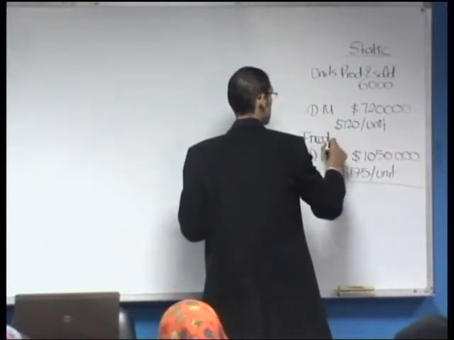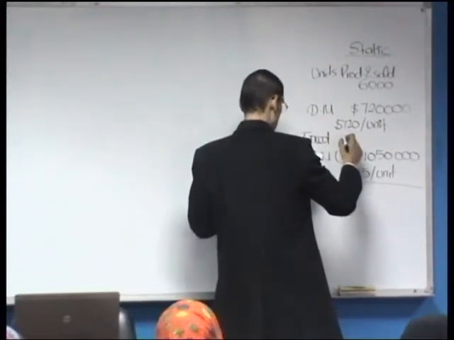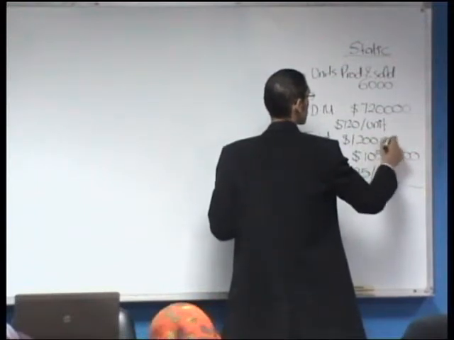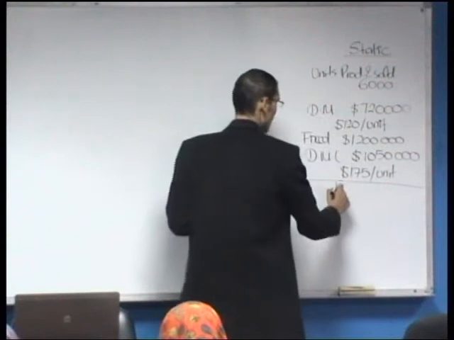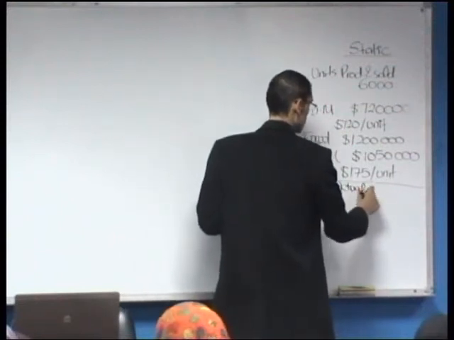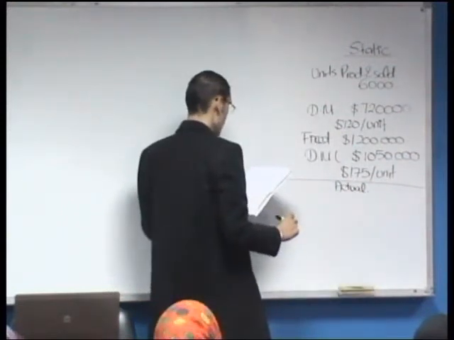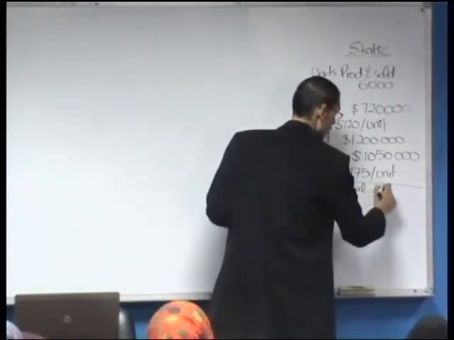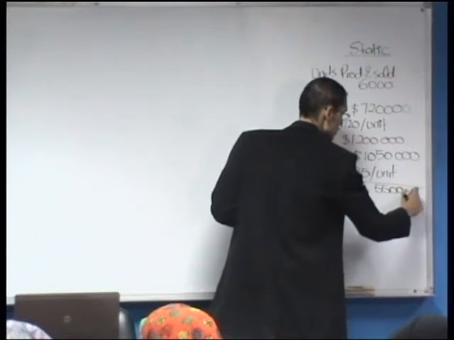And of course, we have the fixed expenses also, by the amount of 1,200,000. Now the actual, they gave us the direct materials, of course, according to 5,500 units.